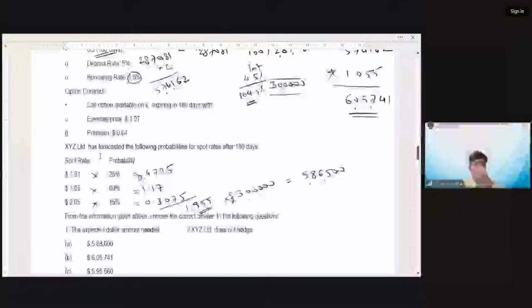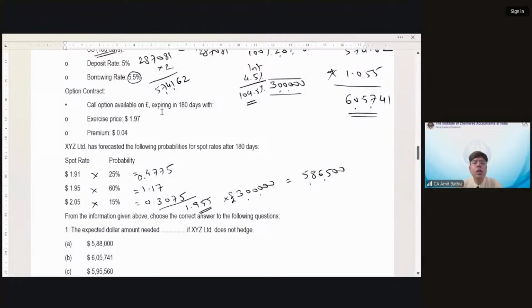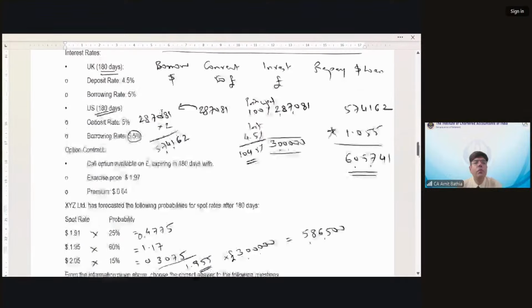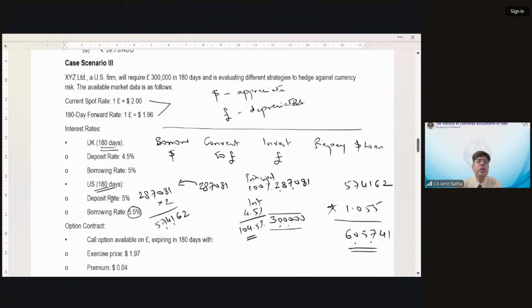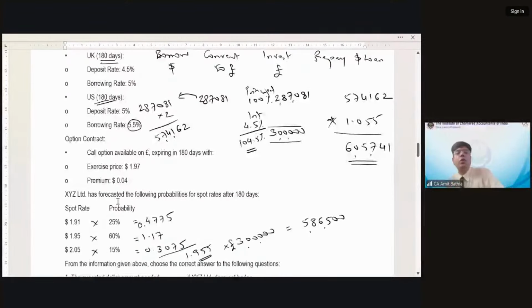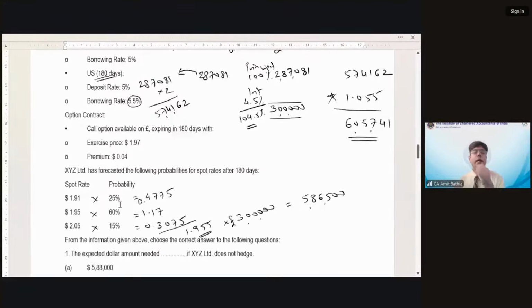If I exercise the call option, what I'll have to do is, in the spot rates which I am expecting over the next 180 days, add a premium of 4 cents to the respective anticipated prices, multiplied with the probability.